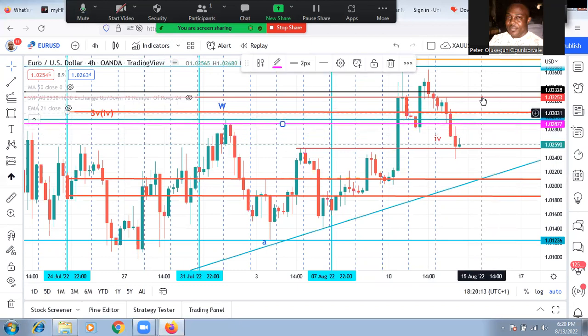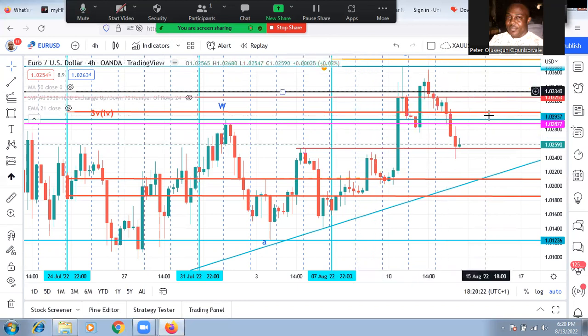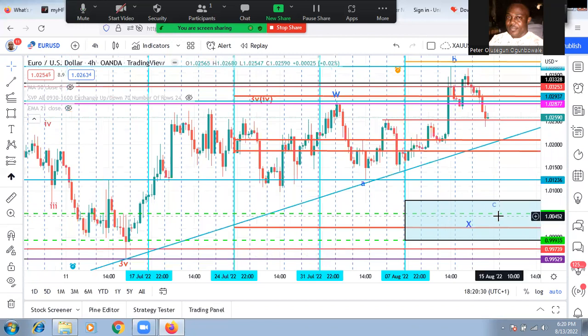Put a stop loss here if you're going to have a correction to the upside. And once I see a price action on the 1 hour, I can look for a sell down to where we think we want to go, to this level. That's what we can do.